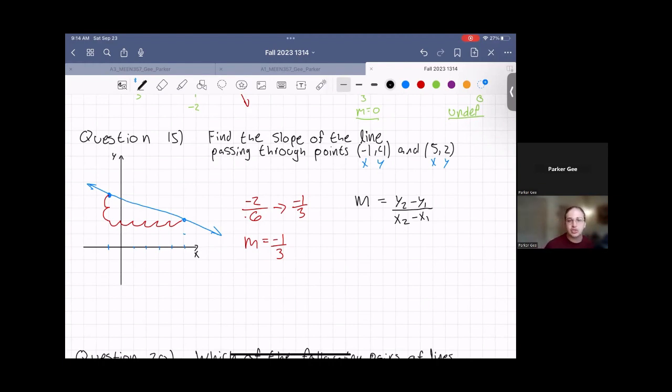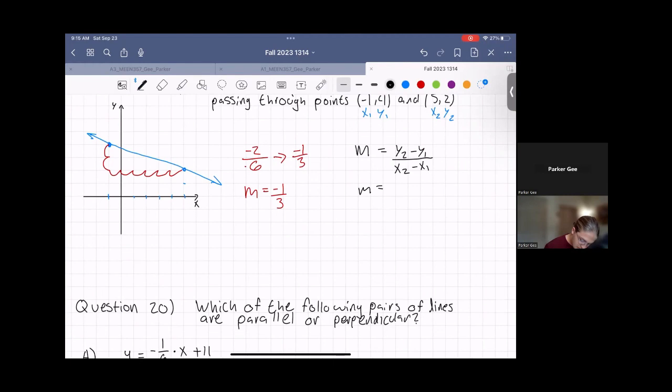I like to just choose x1 to be the one that is furthest to the left, or the smaller number. So that would be this one. So I choose (-1, 4) to be x1 and y1. Then (5, 2) to be x2 and y2. So now we just have to plug everything in.